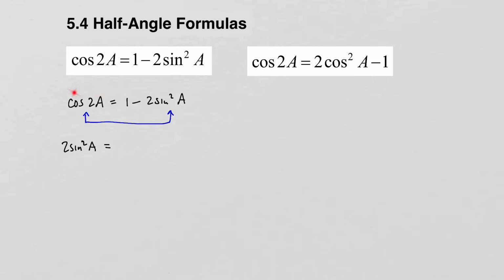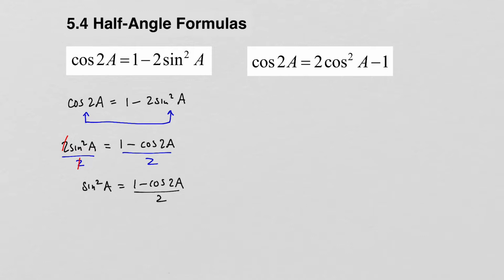And then I can put cosine of 2a on the right-hand side, and it becomes a negative because it's positive here. So we have 1 minus cosine of 2a. And then if I divide both sides by 2, we get cancellation here, and that gives us sine squared of a is equal to 1 minus cosine of 2a divided by 2.